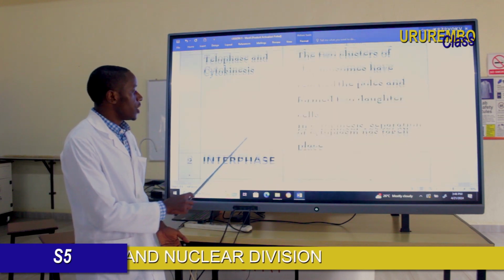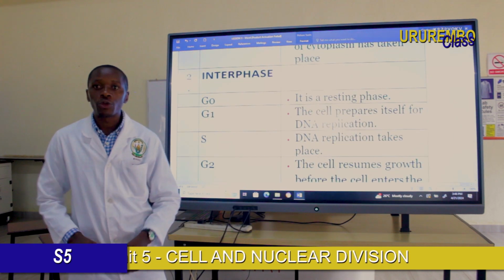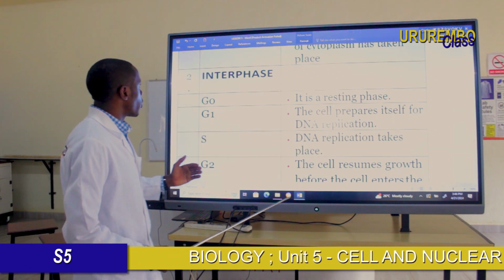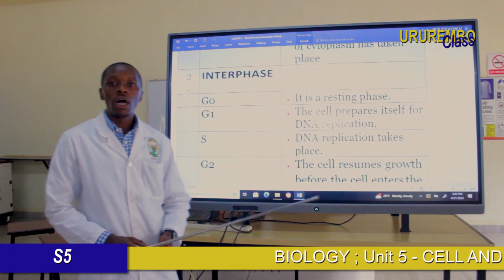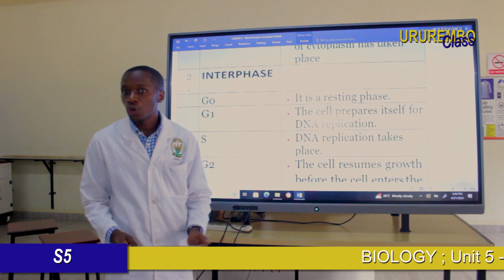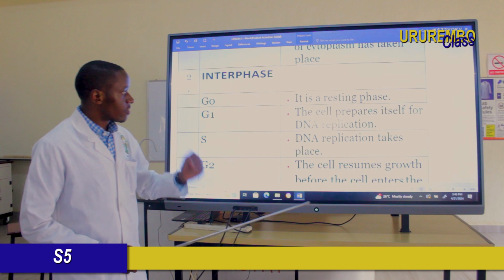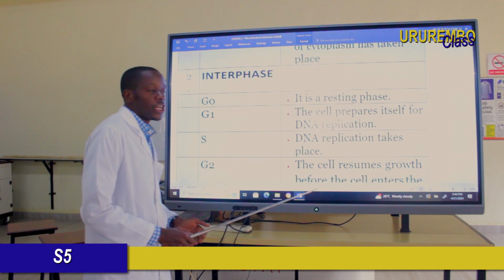And then interphase, you remember, contains G0, G1, S, and G2. For G0, you remember the cell is resting, with no activity performed. For G1, the cell prepares itself for DNA replication.